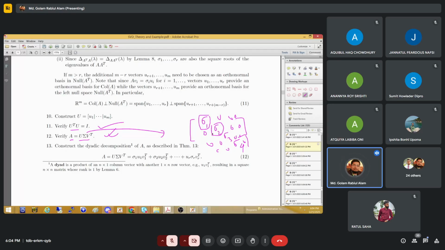In that case, we can just take the 2 dimensions, sigma 1 and sigma 2. That means consider only these two and discard all others.